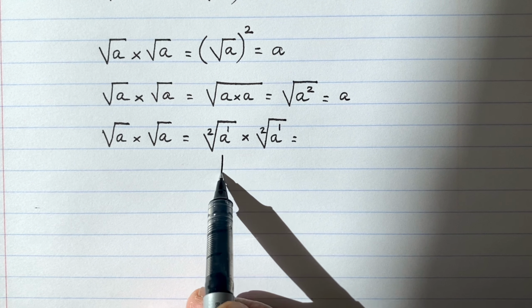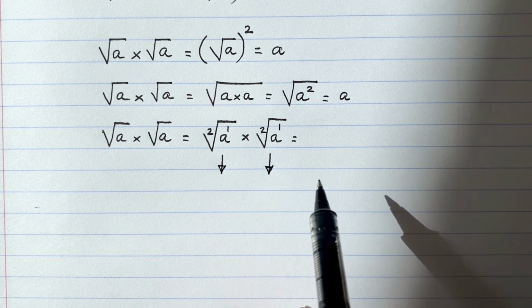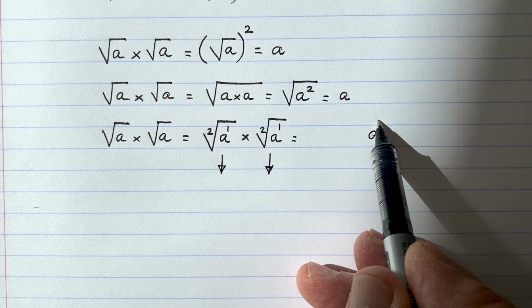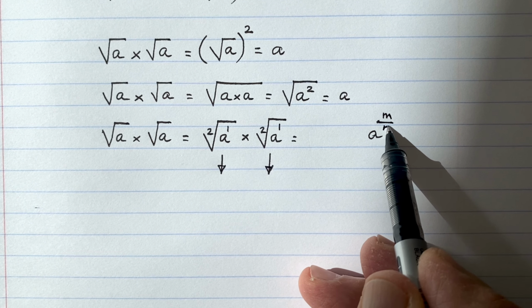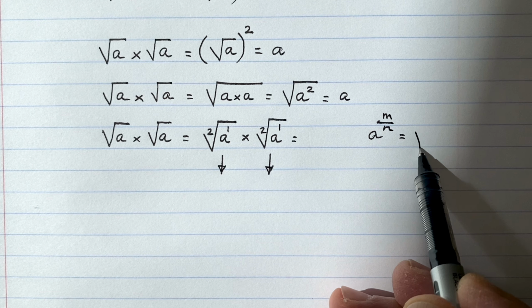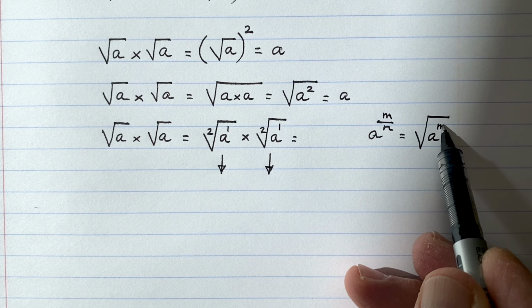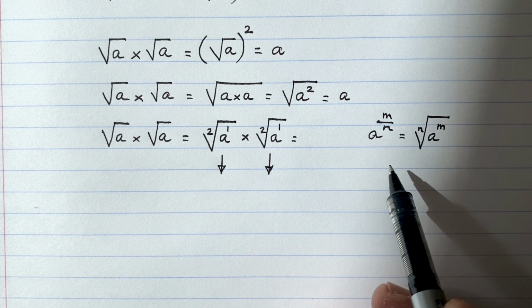Now I'm going to write these based on law number 5 of indices. And that was a to the power of a fraction m over n. That can be written as root of a here, m there, and n in the root, or vice versa.